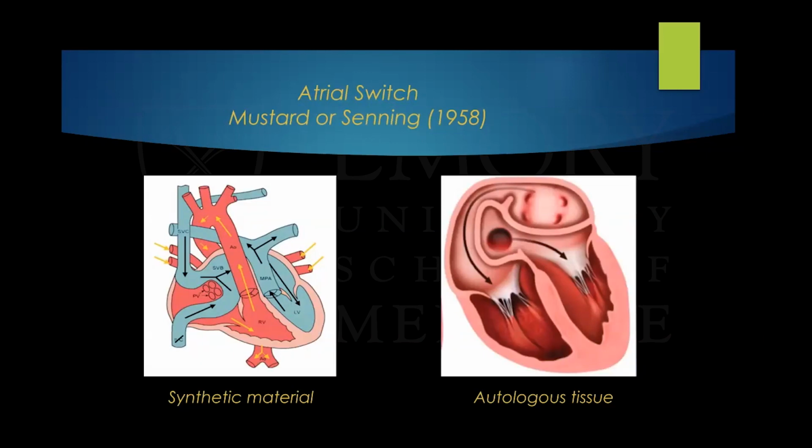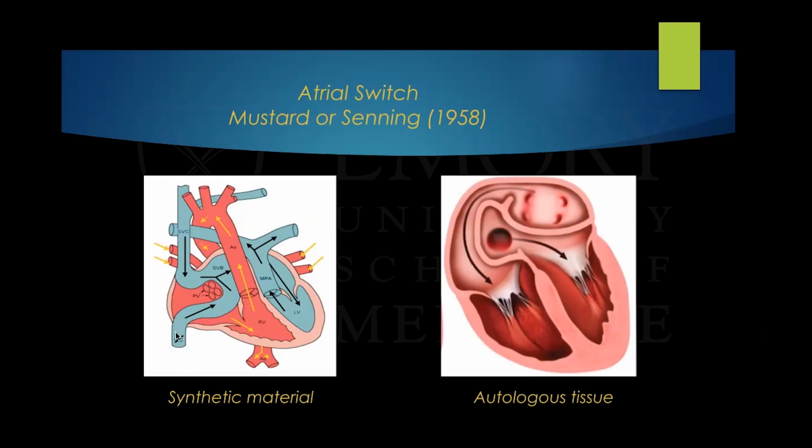And if the babies were born before the 70s, after 1958, they could have either of these two types of atrial switch. The Mustard procedure, done by Dr. Mustard, was made out of synthetic material.